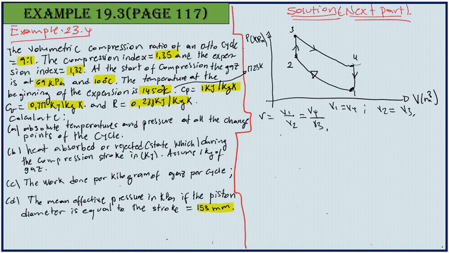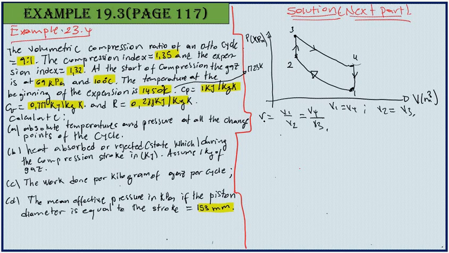As I said, here it can be seen that the volume at point 1 is the same as the volume at point 4, and the volume V2 is the same as V3. So we have this relation here: V1 is equal to V4 and V2 is equal to V3.